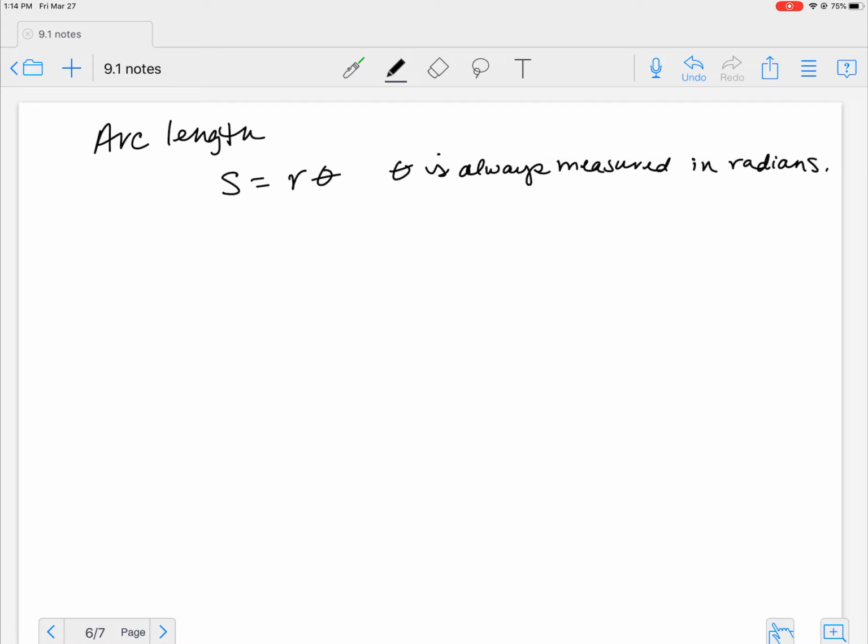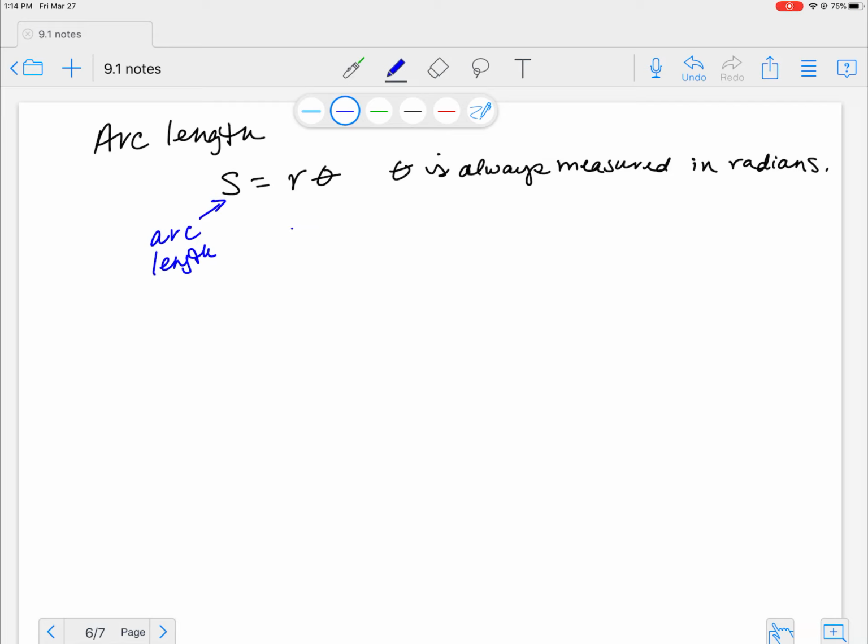So that means in your calculator, you are going to have to shift the mode of your calculator into radians. So if you're given something in degrees, you need to convert that to radians and work in terms of radians in your calculator.